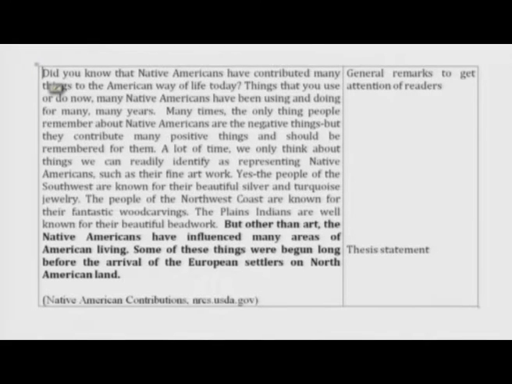It starts with a rhetorical question and then it moves on to things which people are generally aware of, and from there it moves on to the specific topic of the essay, and the keyword here is this contrasting linker but. So, many things are there which are very familiar to many people, but there are several other things which many people do not know, and these things are very crucial. So, that is the point here.